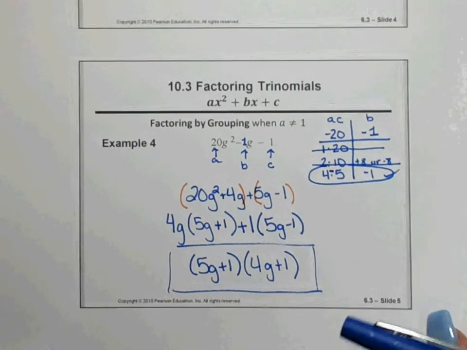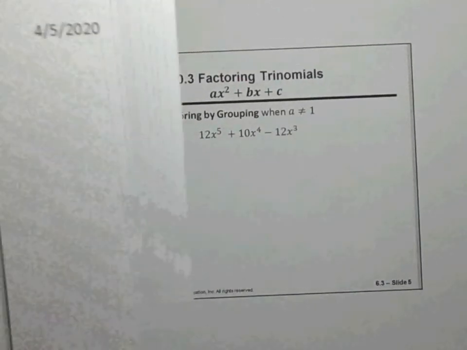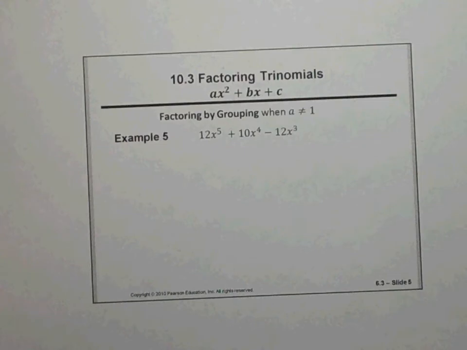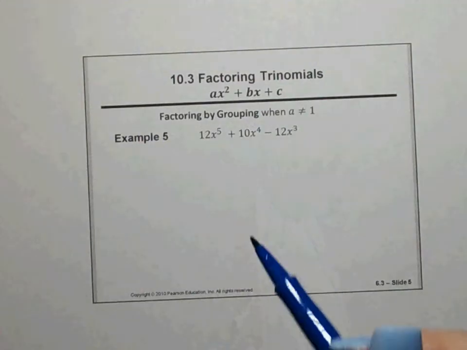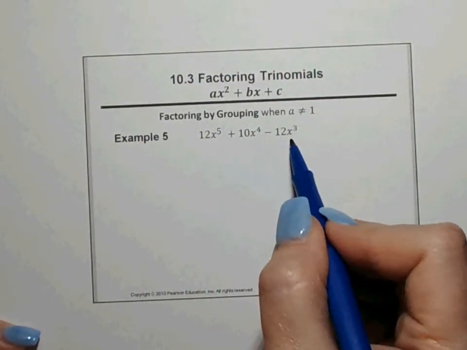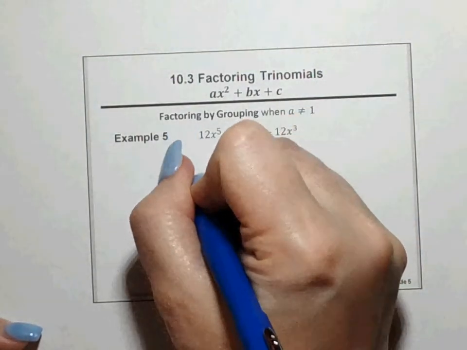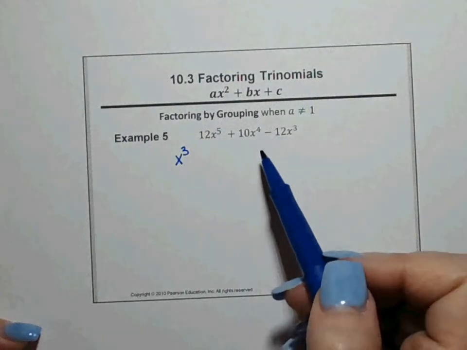Alright, last example. So I want to look and see first of all if I have a GCF, which I do. So I can see right off the bat that I have, at a minimum, some variables that they share in common. So I know for sure they've got an x cubed that they share in common.